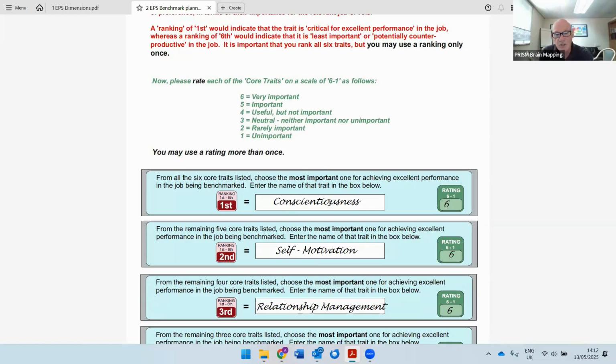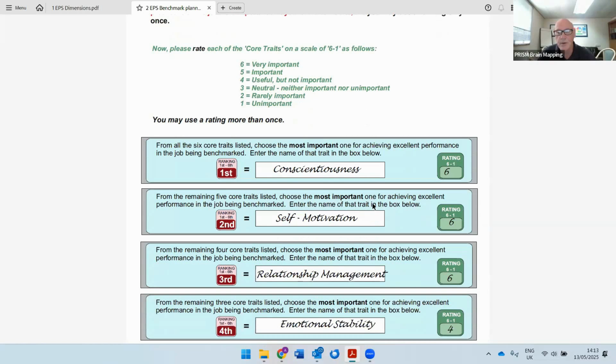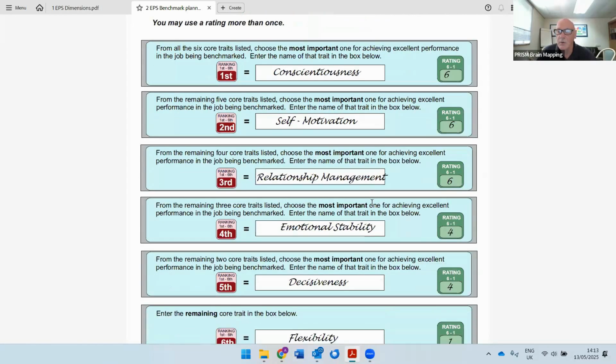I've got self-motivation second, because I believe there's a correlation between being motivated to succeed, a little bit of a link there to delivering and also in the job profile. So again, be conscious of where there might be correlations between the behaviors you've already chosen and the core traits themselves. And that's the benchmark planner completed.